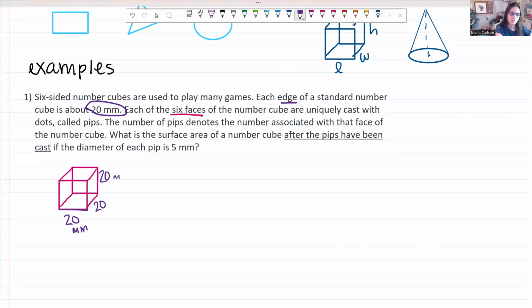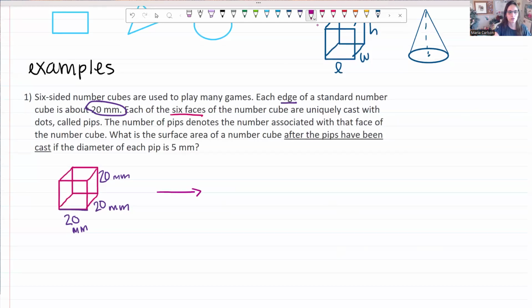We want to find the surface area of a number cube after the pips have been cast. So after we take the pips away. So I need to find the surface area of the cube, and then I need to find the area of the pips and take the pips away from that surface area. So let's draw out a net of a cube.